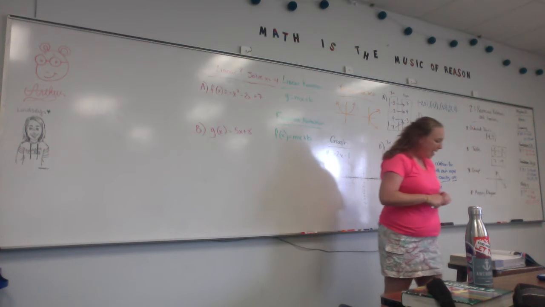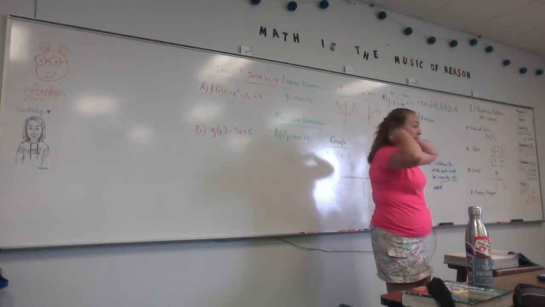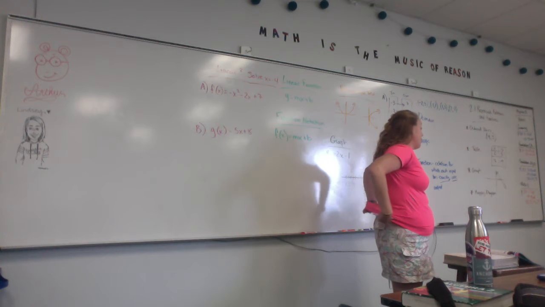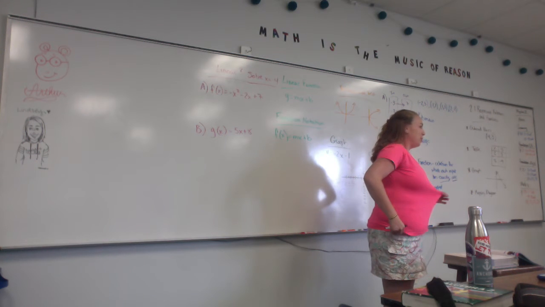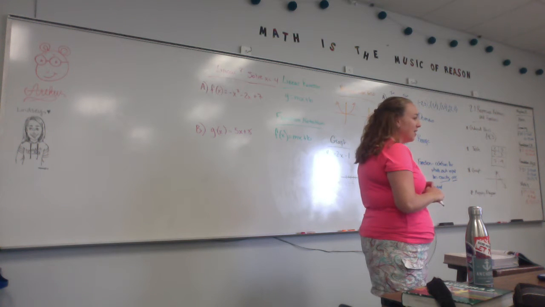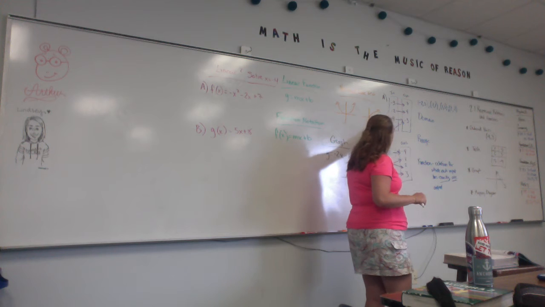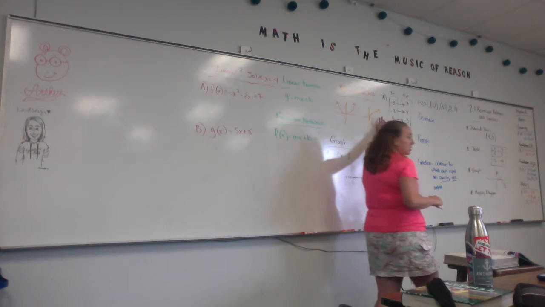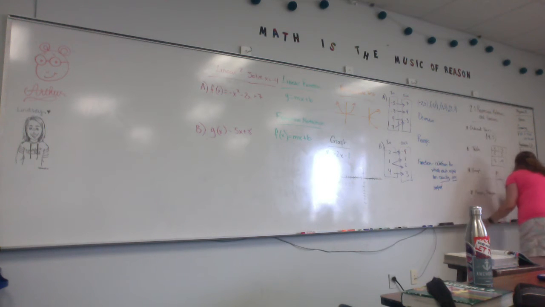Does anyone know what a mapping diagram is? I actually have one on the board already. It's kind of like this. When I have inputs and output functions, this is a mapping diagram, okay? So it would be like input, output, and it would show me how they relate: 2, 7, 4, 3, 1, 6, 2.